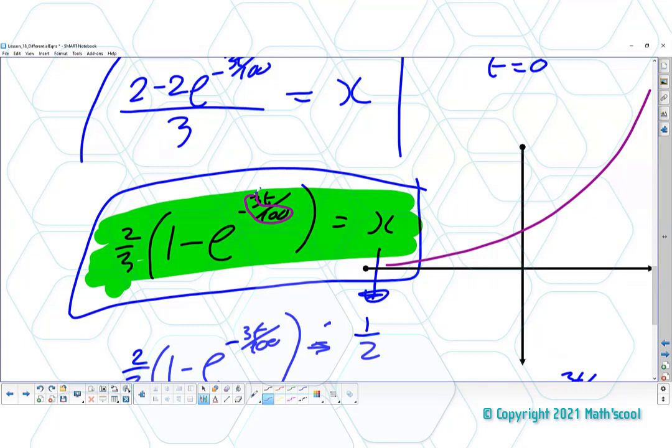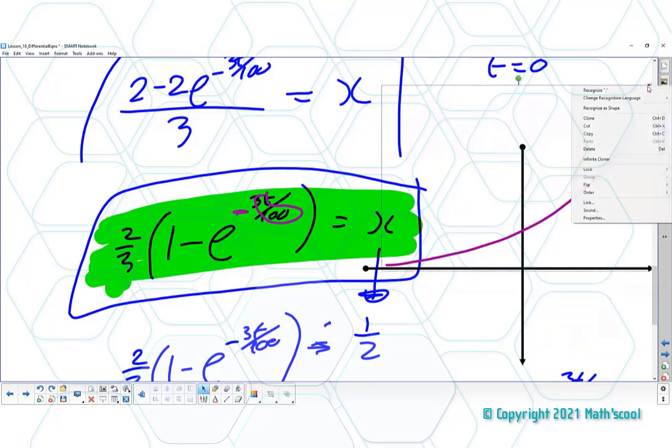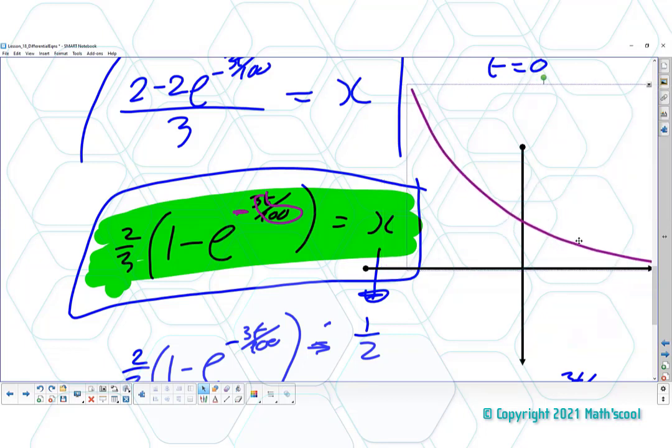I'm not going to bother to do that because you wouldn't even be able to tell if I've done it or not. Then you've got to reflect it in the y-axis. So flip it in the y-axis. So it looks like that now. This is still 1, by the way.